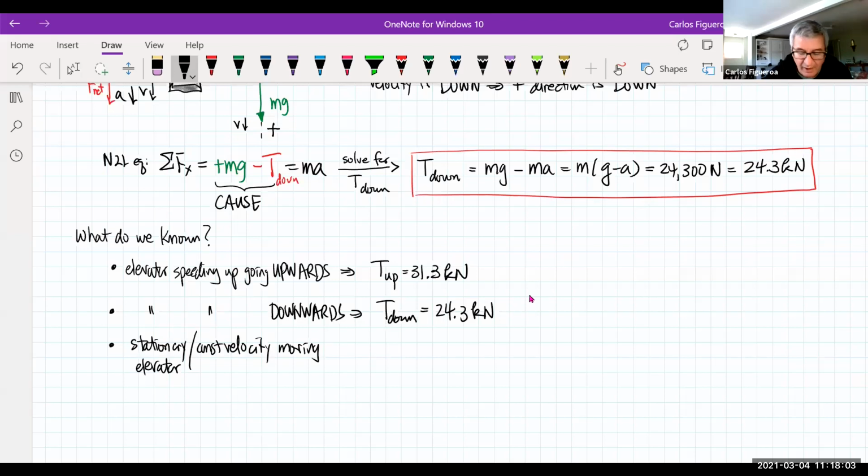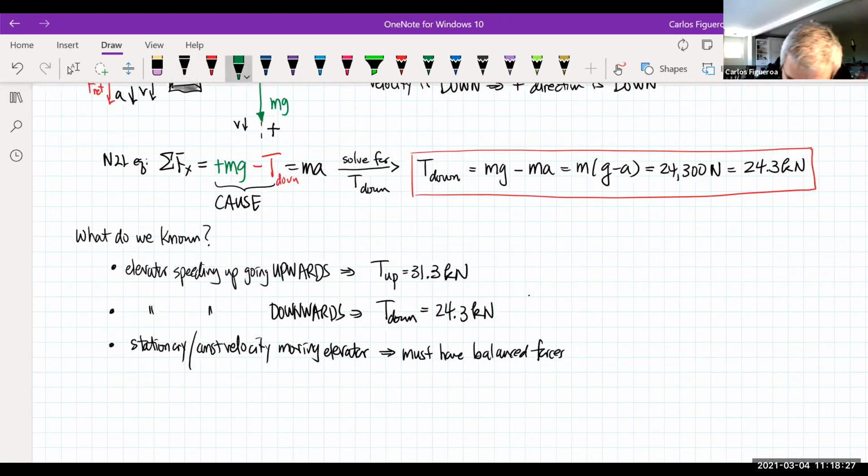I have an elevator that's doing this. And if I do that, this immediately tells me that I must have balanced forces.